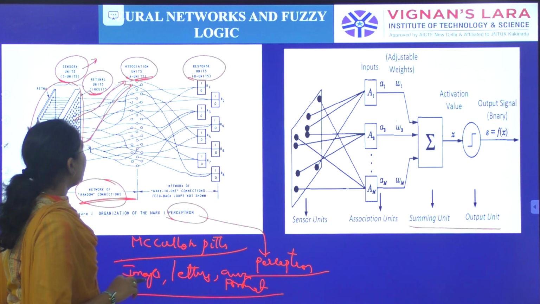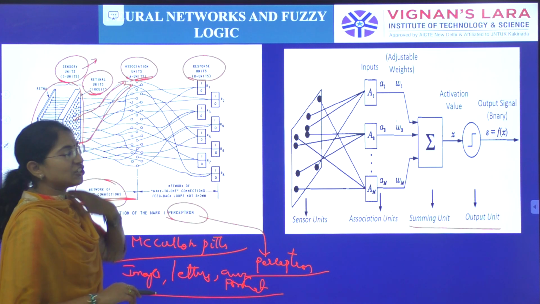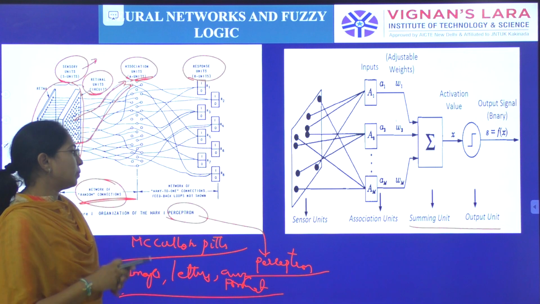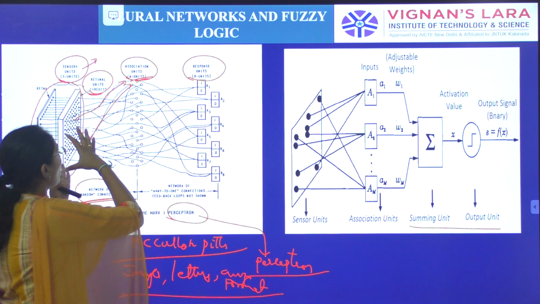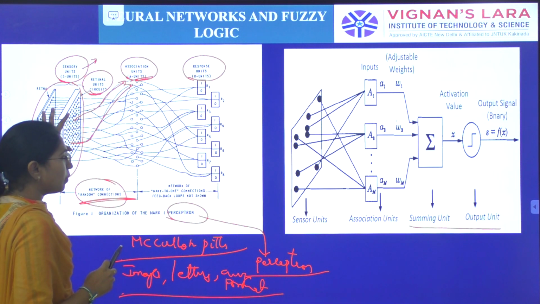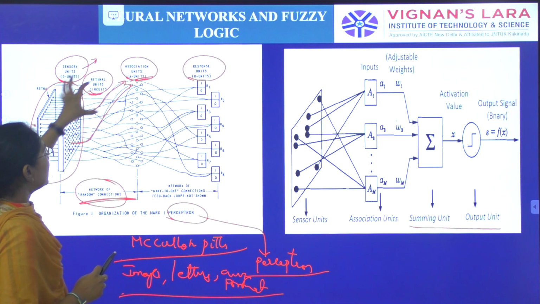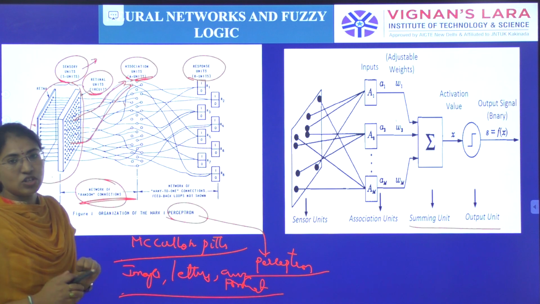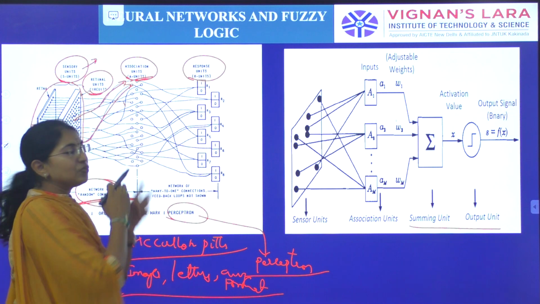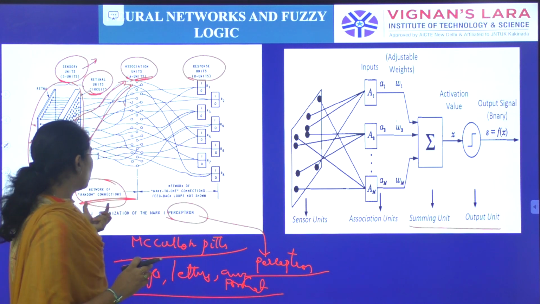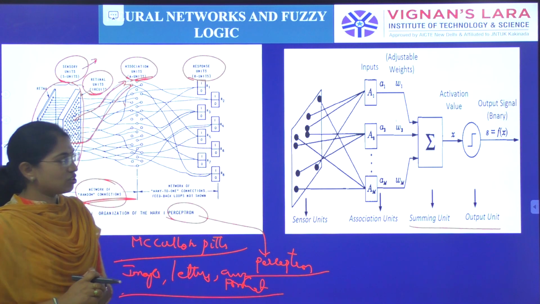So the entire input is fed to the association unit through random connections, and the useful data is taken out to the association unit.